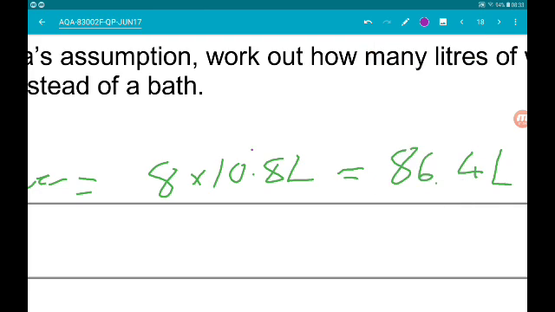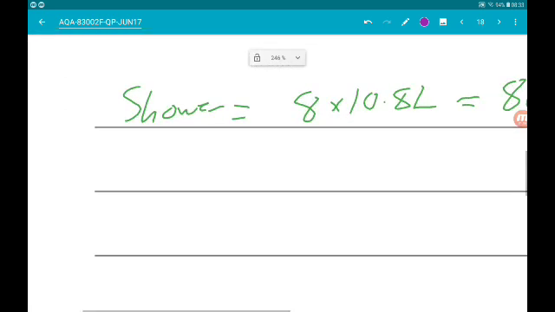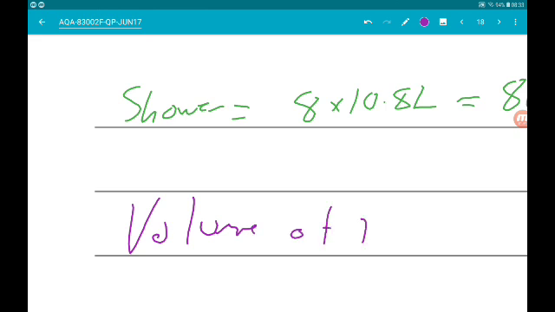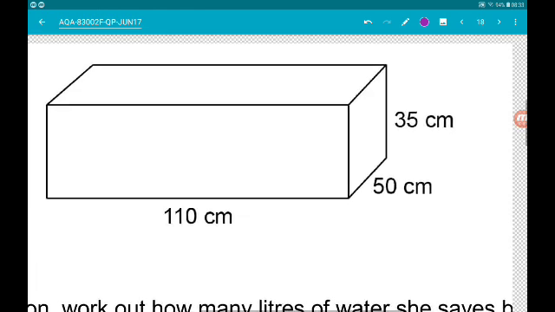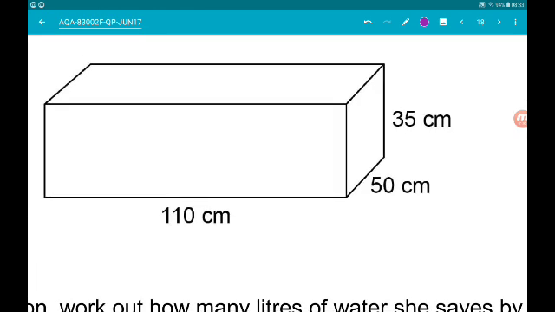Now, the volume of her bath. For the volume of a cuboid, we multiply the lengths of the three sides together. So we're going to do 110 times 50 times 35.